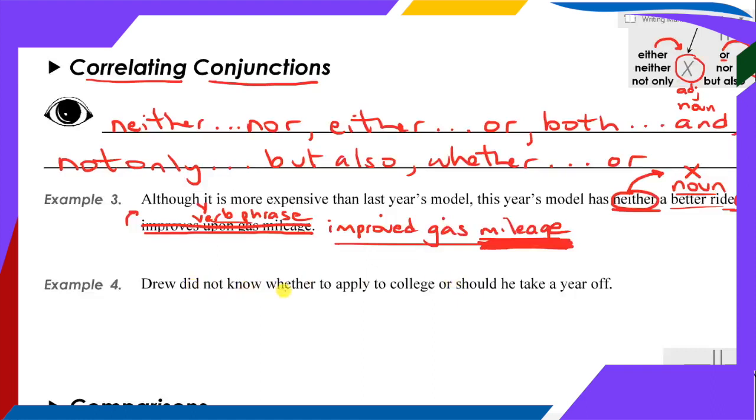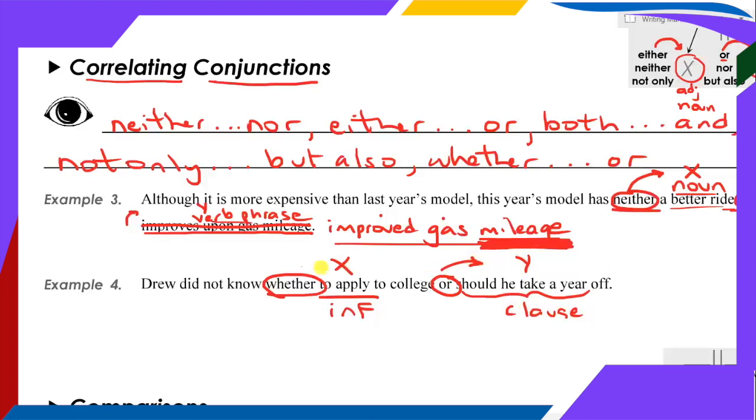Drew did not know whether, there's the first half of our correlating conjunction pair, and then the or, that's the second half. After the first half in our X position we have to apply, that's an infinitive, and then we have this clause here, should he take a year off, in the Y position after the or.